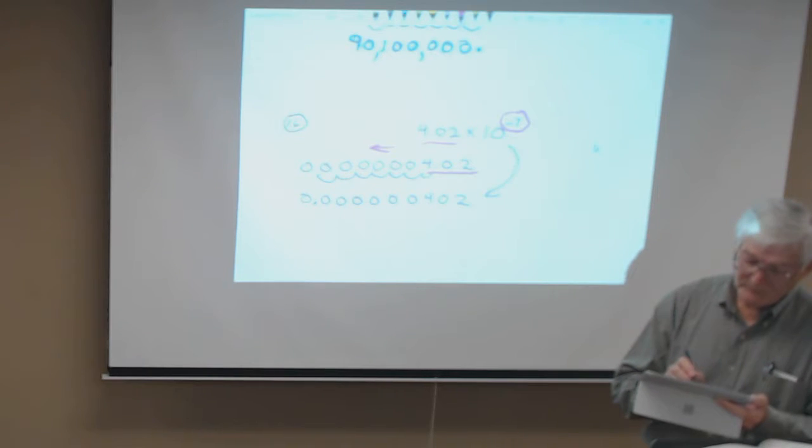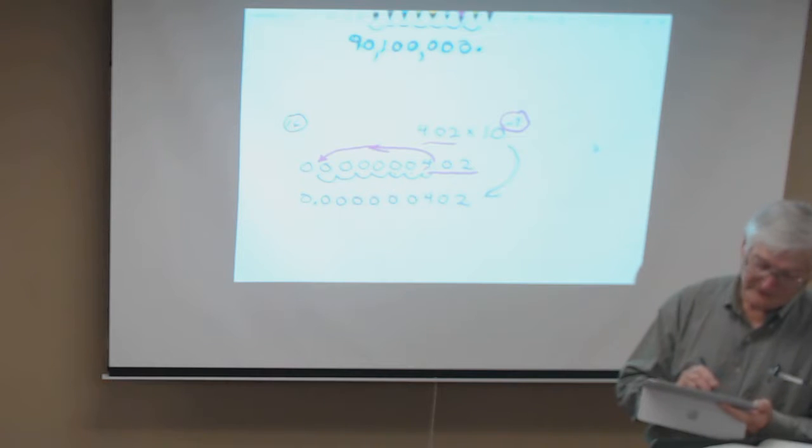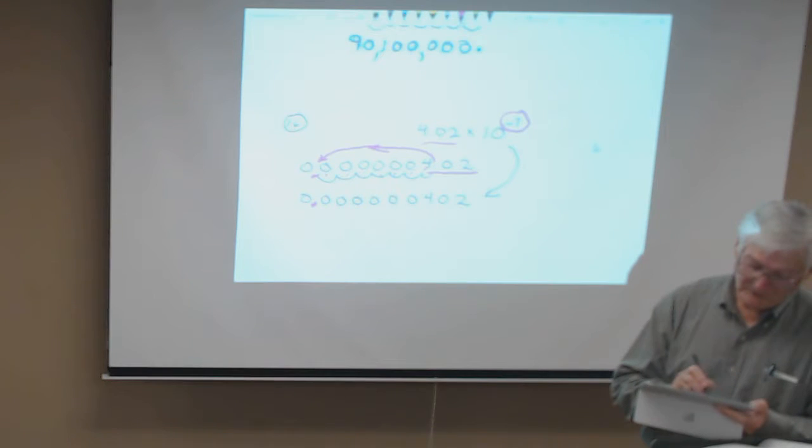So I have 7 of these, so I move the decimal point from here down to here. I move it 1, 2, 3, 4, 5, 6, 7 places. And the answer is 0.000000402.